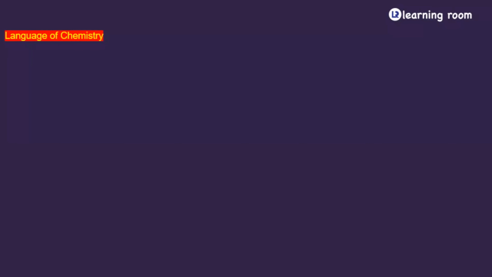So yeah, we have to start from this language of chemistry, isn't it? Yes, sir. So the first topic that we have to study is the symbols of elements. But before that, can you first tell me what chemistry actually is?